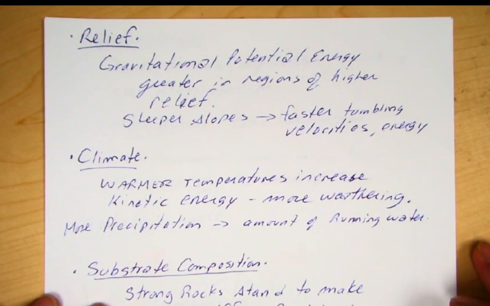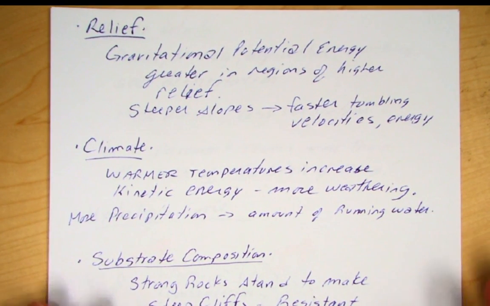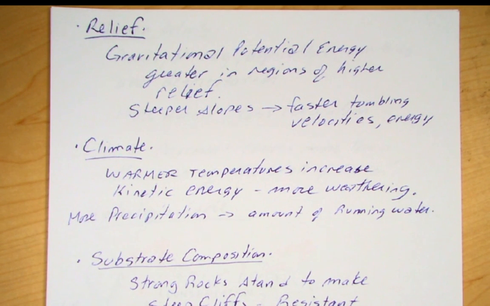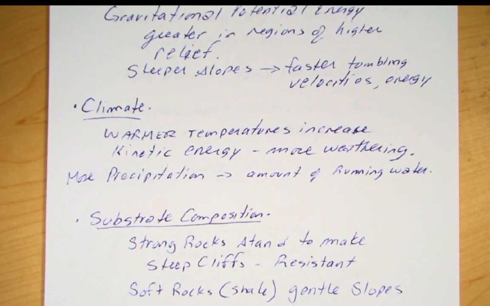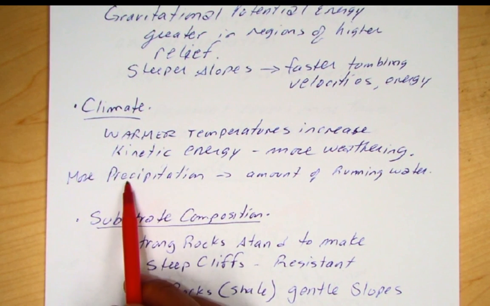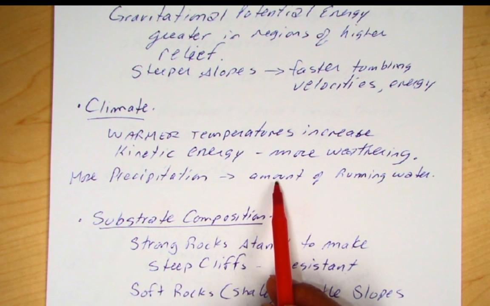The next one your book discusses is the steepness of the area, how steep the slopes are. Steeper slopes lead to faster velocities when material starts tumbling down. And that's really due to this gravitational energy. And then climate: if you have more rainfall, more precipitation, you're going to lead to more running water, more erosion, faster rates of erosion.